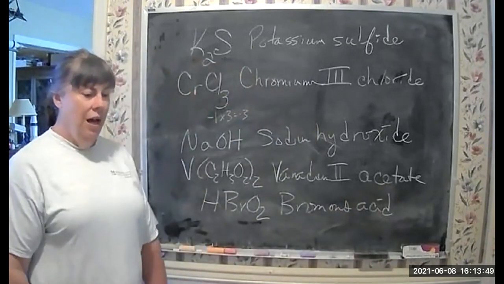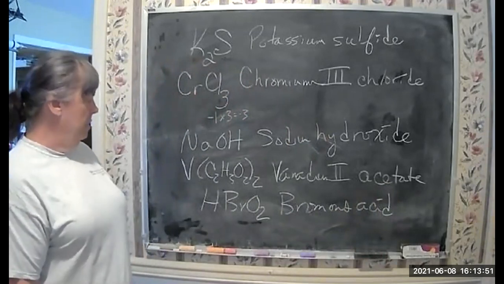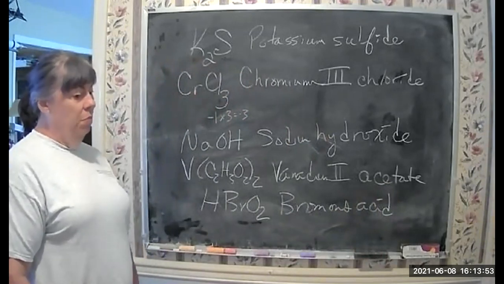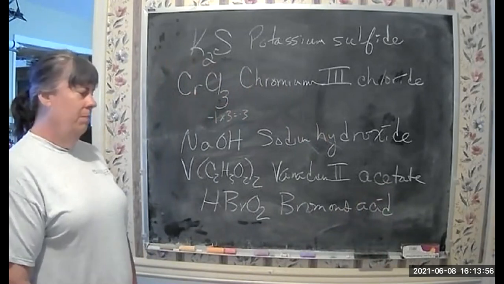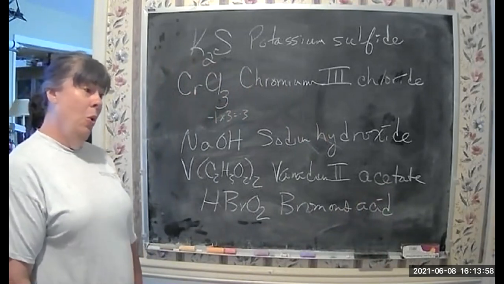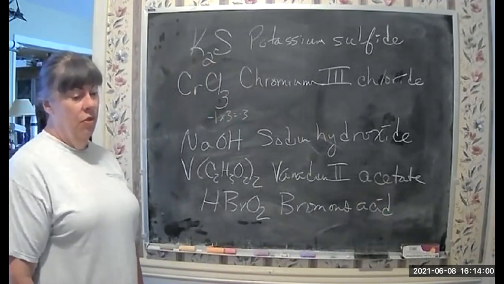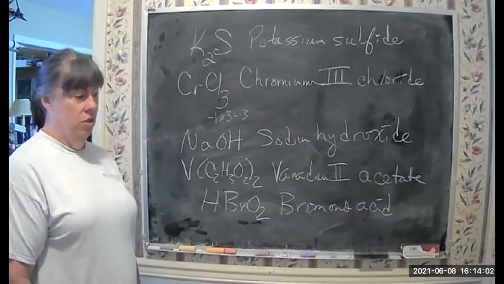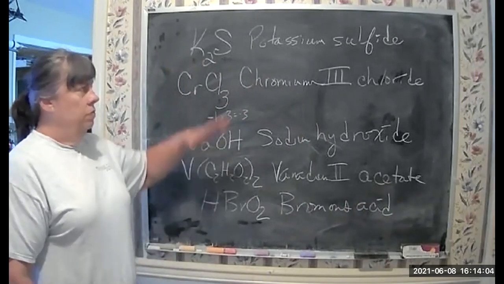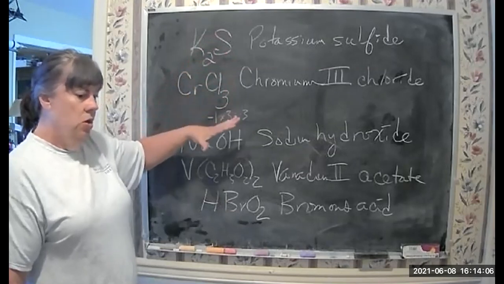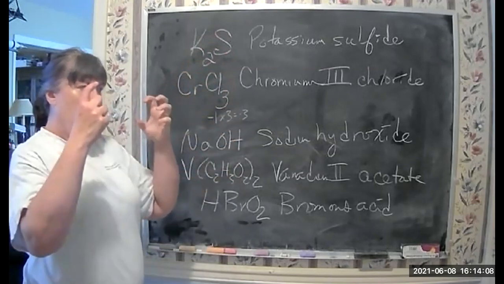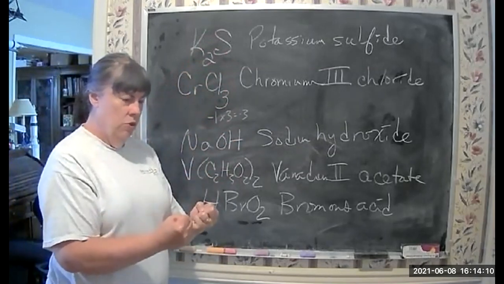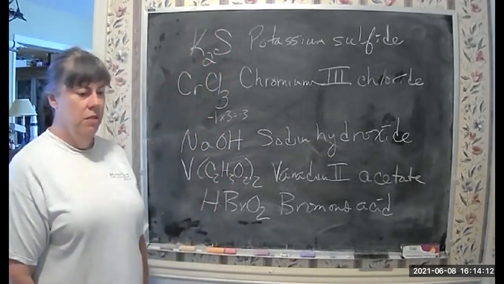Don't call it hydrobromous acid. Hydro would imply that there were no oxygens at all. Hypo would imply that there is only one oxygen. So all of these are, look at the symbols, figure out your names.